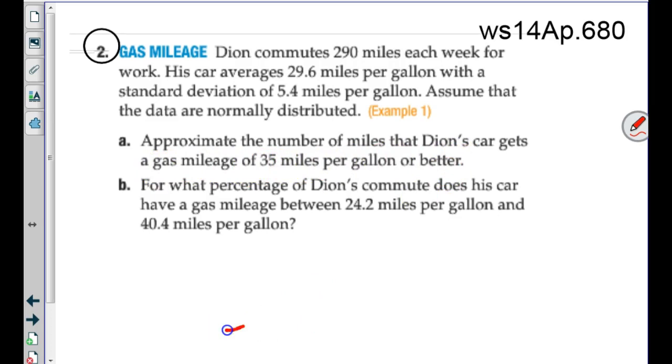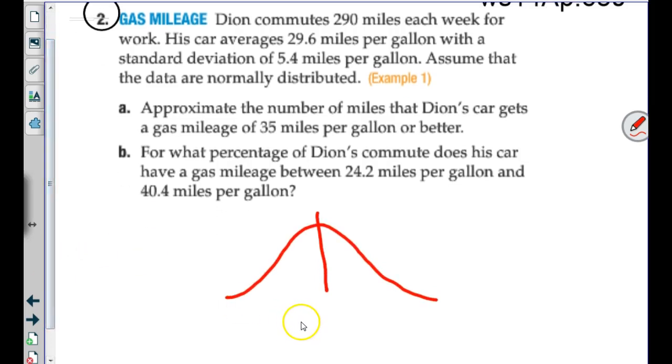So I want to draw this real quick because this is using exact numbers here. It says his mean is 29.6. Can someone add 5.4 a couple times for me? Yeah, and another would be 40.4.